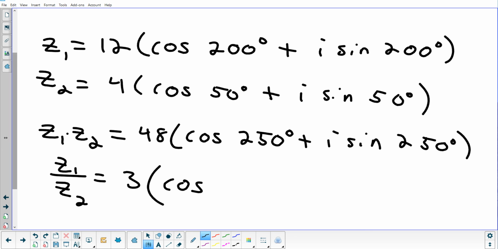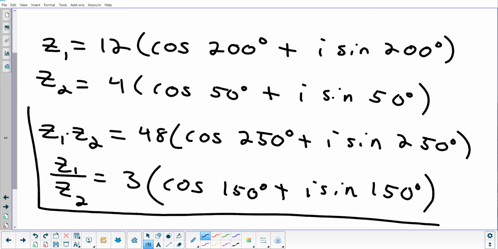Yep. 150. Subtract them. If you didn't know how to do trig form, to do z1 over z2, we would have to find the conjugate, FOIL it out, change the i squared to negative 1. We'd have to go through all that. Now we don't have to do any of it. And those are your two answers.